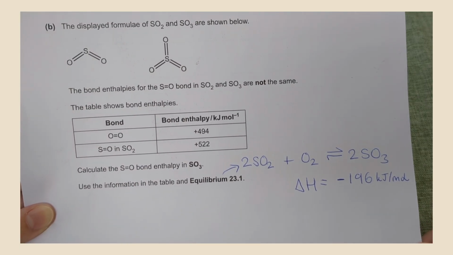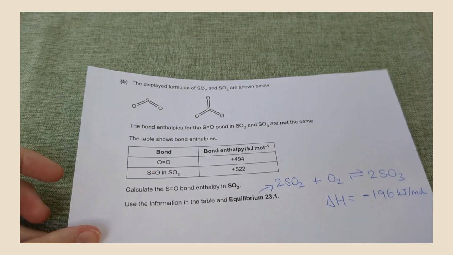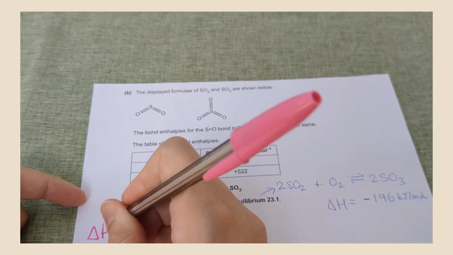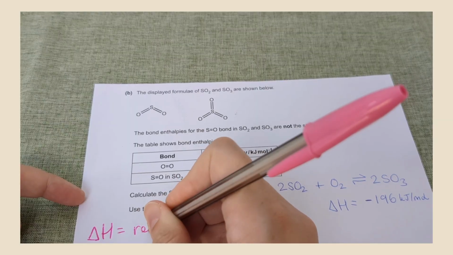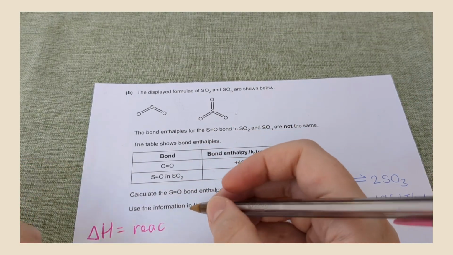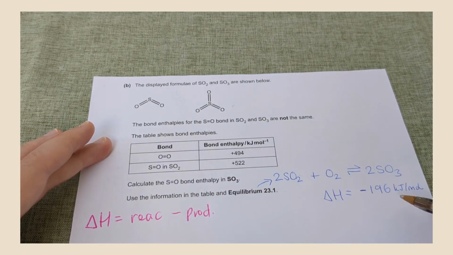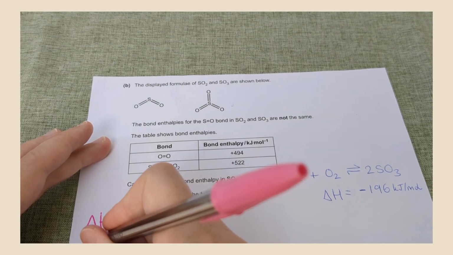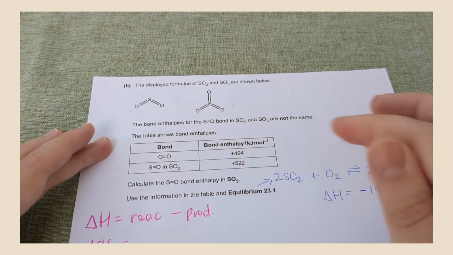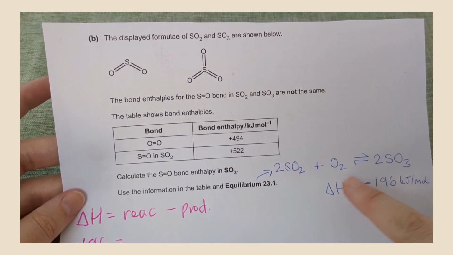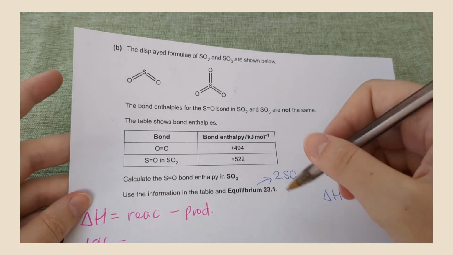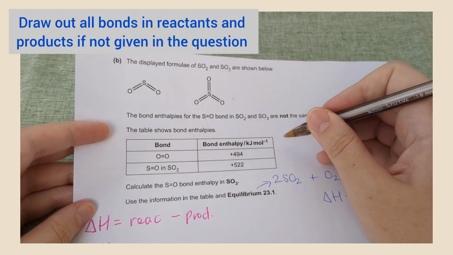So where do we start with that one then? Well, we start in exactly the same way. We set up our equation. Delta H, since we're given bond enthalpy data, it's always equal to reactants minus products. This time we're given the delta H value, so we can plug that in. It's always good to draw out our bonds from our balanced equations, so I'm going to go ahead and do that.